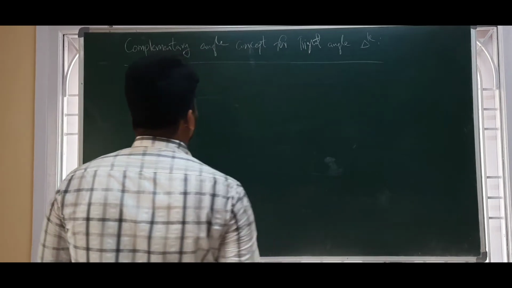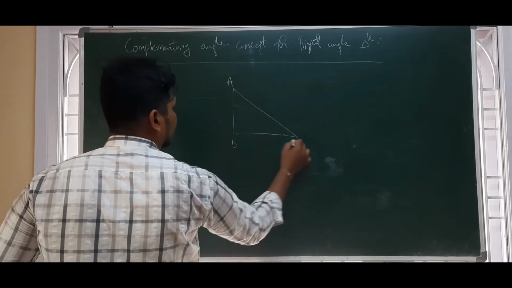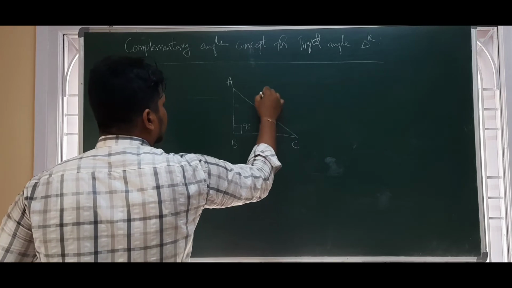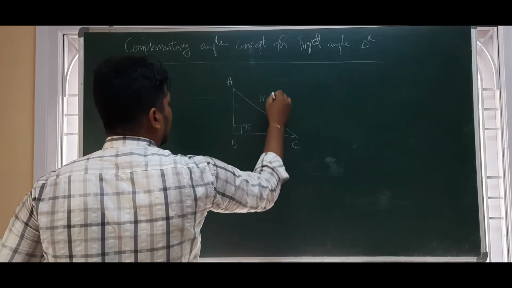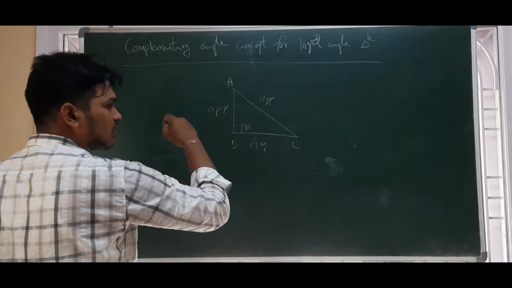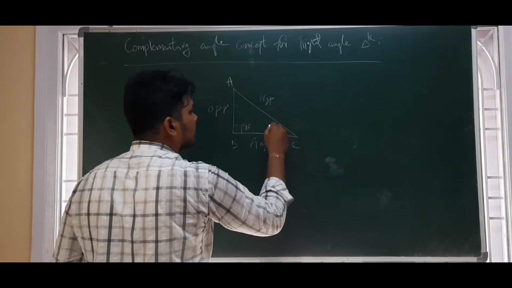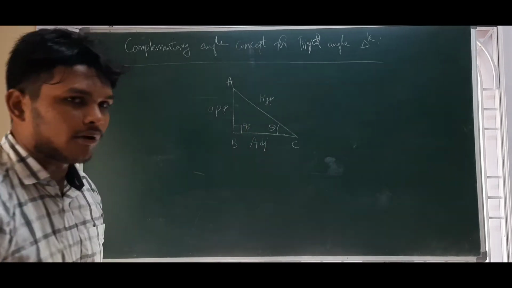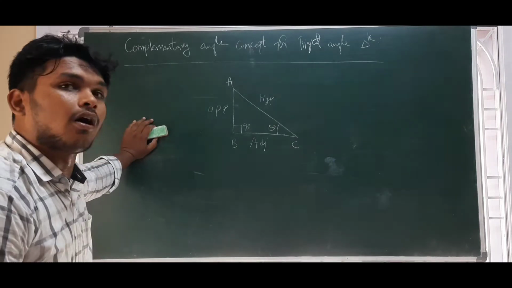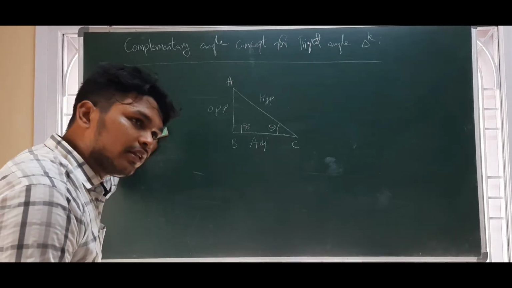Now, let us consider a right angle triangle ABC, right angle at B, 90 degrees. As we know, the longest side of a triangle is the hypotenuse, and this is adjacent side, and this is opposite side. Now, let us consider the angle theta at angle C. As we know, the sum of all the angles of a triangle is 180 degrees from the angle sum property theorem.